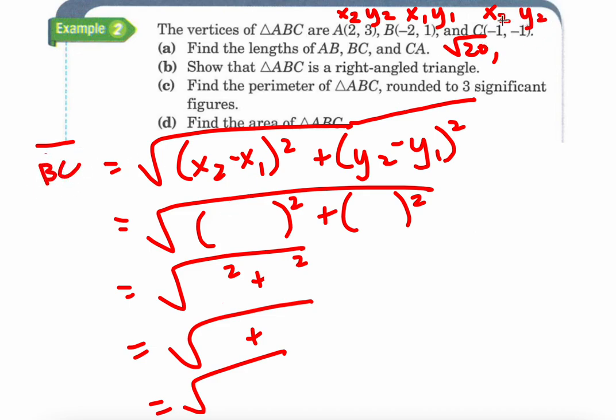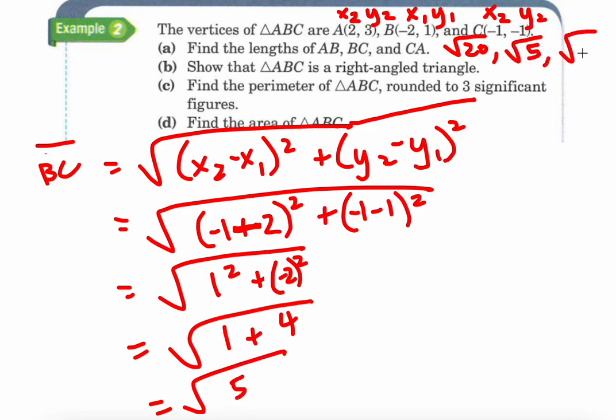Okay, so x2 minus x1, so it's negative 1 minus negative 2, so that becomes a plus, those two negatives together. And then y2 minus y1, negative 1 minus 1. Okay, so I end up with negative 1 plus 2 is a positive 1, and then negative 1 minus 1 is a negative 2. 1 squared is 1, negative 2 squared is 4, so it's square root of 5.